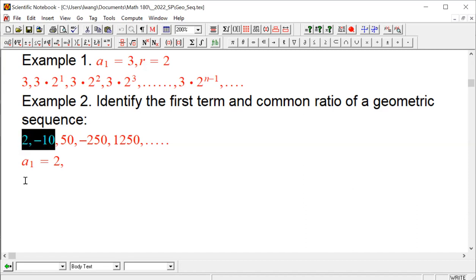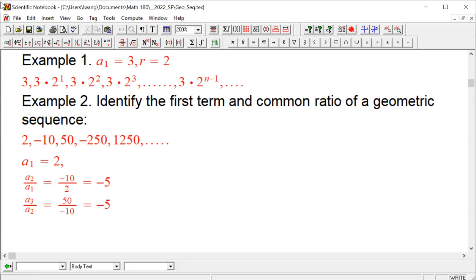Let's look at the ratio of consecutive terms. We take the first two numbers, so that's a sub 2 divided by a sub 1. That's negative 10 divided by 2, which equals negative 5. The second ratio, a sub 3 over a sub 2, gives us 50 over negative 10, and that's negative 5 again.